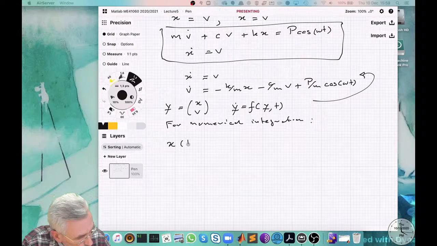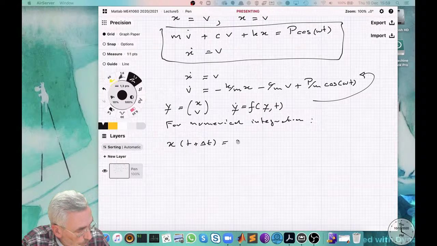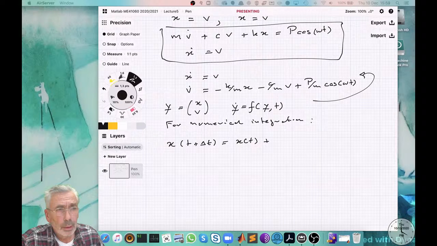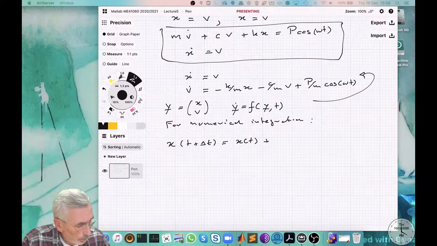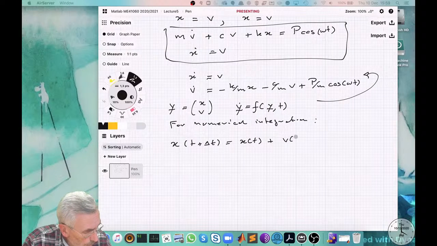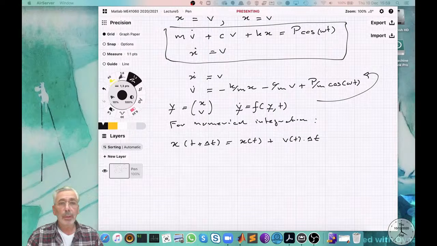So at the time t plus delta t equals position at time t plus, well, a very intuitive way would be to say that is plus the velocity times the time increment.